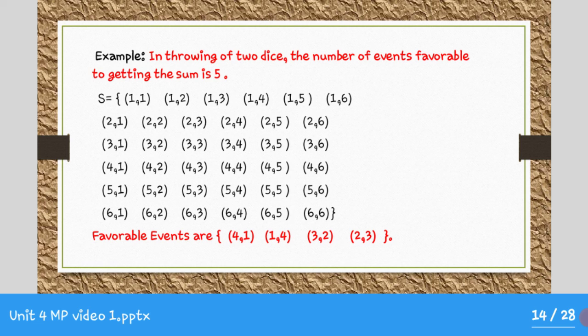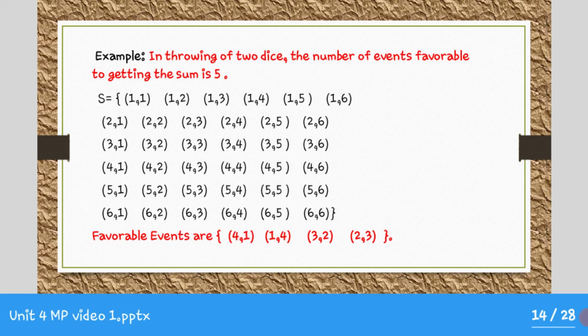Next example of favorable events. In throwing 2 dice, consider the number of events favorable to getting the sum 5. When throwing 2 dice, we have the sample space (1,1), (1,2), (1,3), (1,4), (1,5), (1,6), (2,1), (2,2), (2,3), (2,4), (2,5), (2,6), (3,1), (3,2), (3,3), (3,4), (3,5), (3,6), (4,1), (4,2), (4,3), (4,4), (4,5), (4,6), (5,1), (5,2), (5,3), (5,4), (5,5), (5,6) and (6,1), (6,2), (6,3), (6,4), (6,5), (6,6). This is the sample space when 2 dice are thrown.